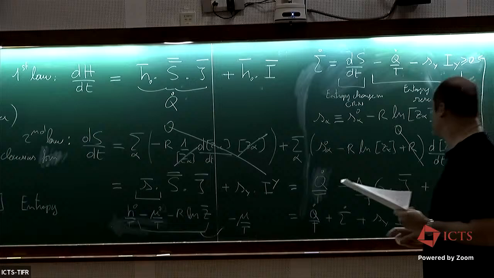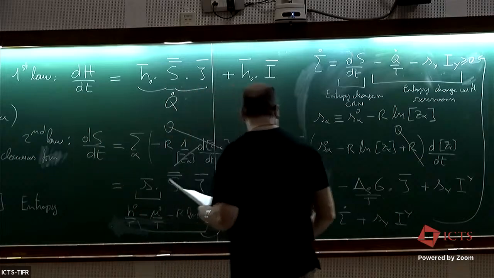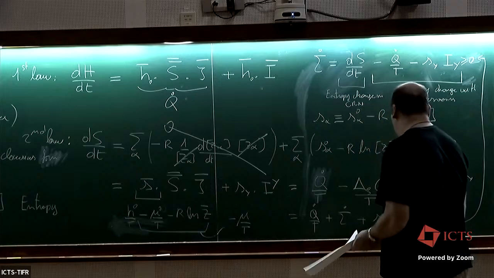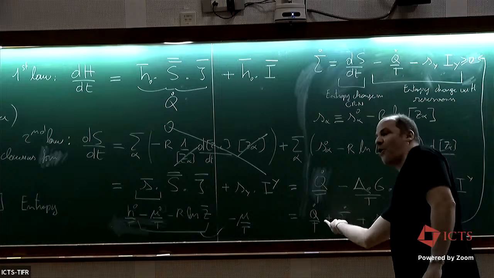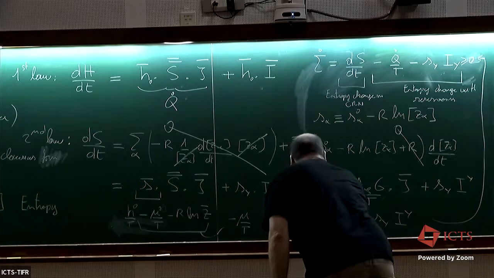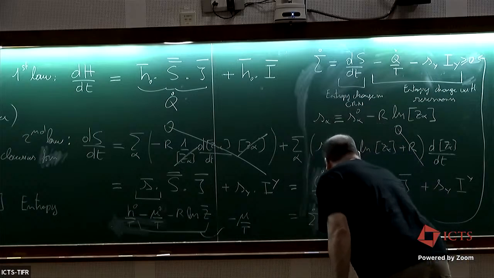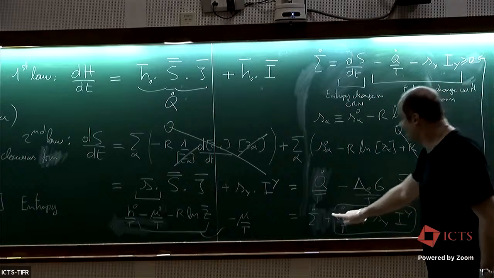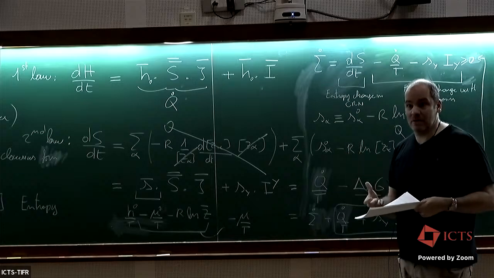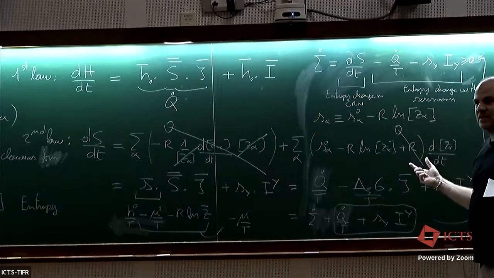But there's also this perspective: the change in entropy in my system is due to, if you allow me to simply swap these two, I first write this one and then this one. This is the entropy produced by all the internal processes, all the reactions going on in my system, and the entropy exchanged with the environment.